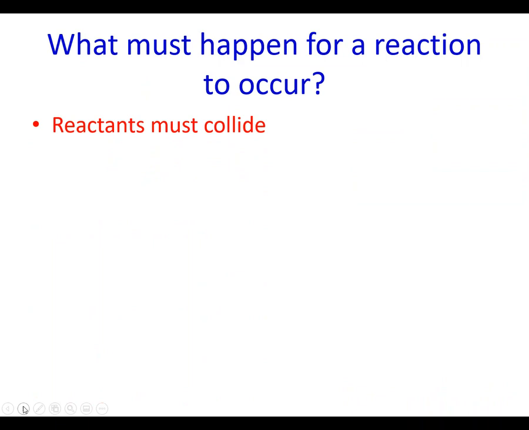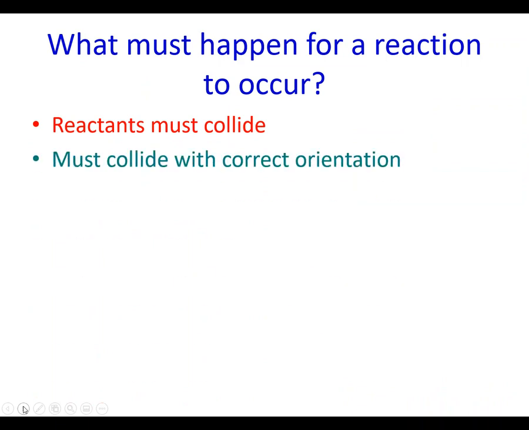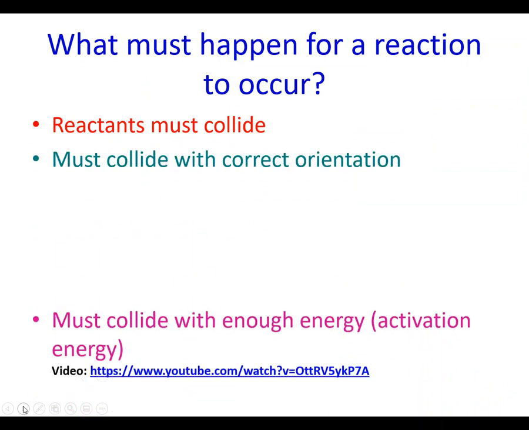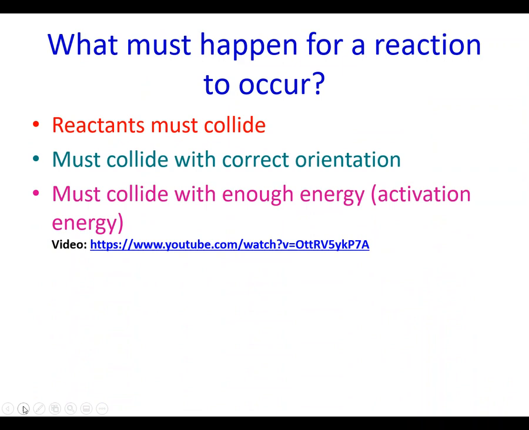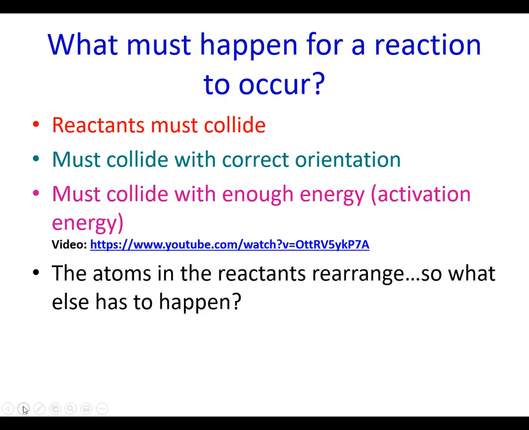All right, what must happen for a reaction to occur? Reactants must collide. Must collide with the correct orientation, and they must collide with enough energy, the activation energy. So the atoms in the reactants are going to rearrange, okay?